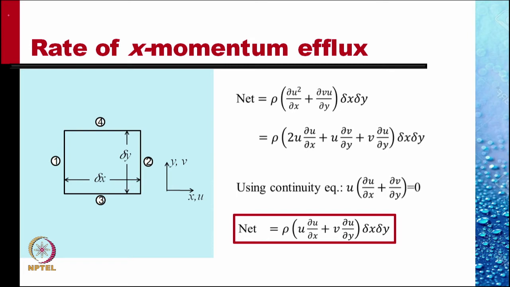Now, if we use the continuity equation that we obtained earlier, del u by del x plus del v by del y is 0. So, multiplying this by u, one of the terms in the first term and the second term cancel out, and so we get the net efflux as rho into u del u by del x plus v into del u by del y, into delta x delta y.